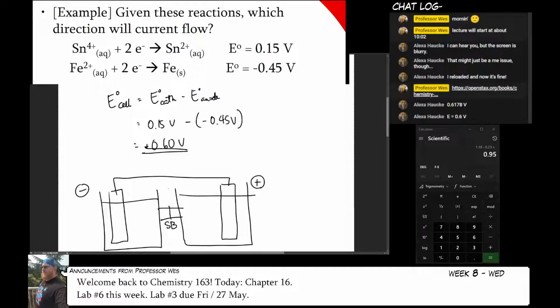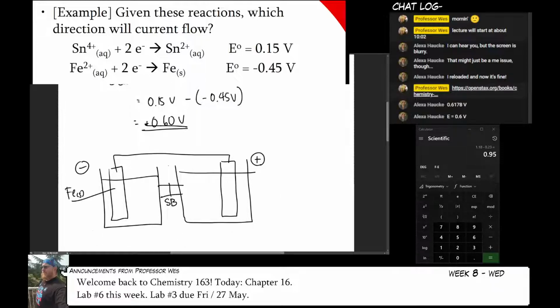This is the cathode. We said that iron was our anode, so that means that this must be an iron electrode. This would be a solution with iron 2+ in it. Over here, we have a solution of tin 4+ and tin 2+ in it.